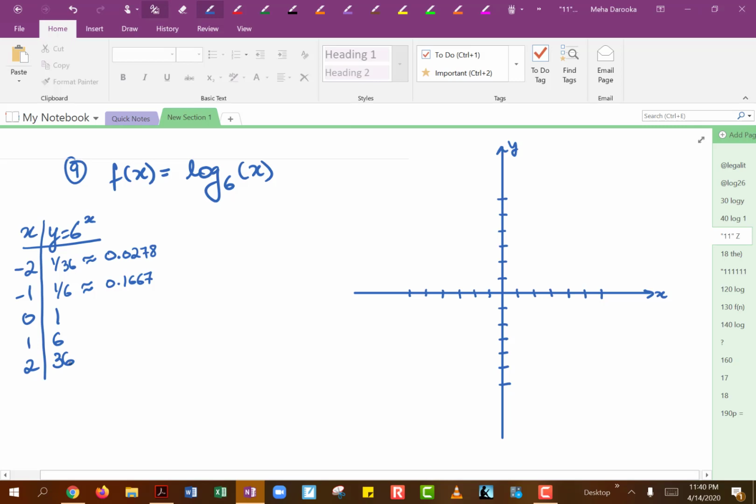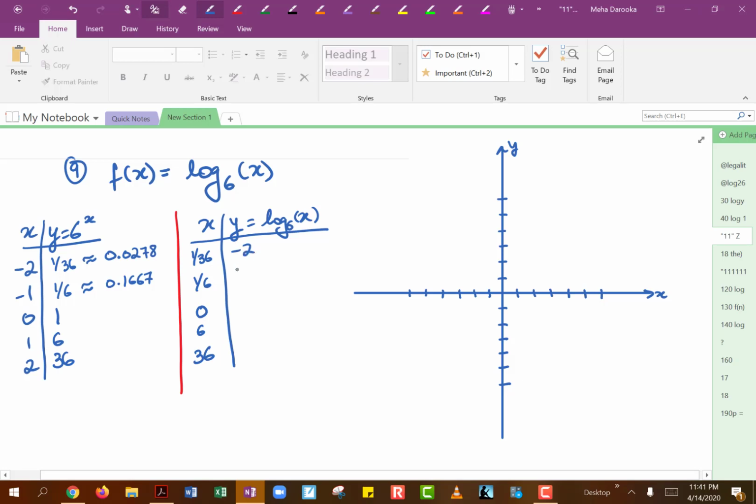And then we can basically switch our x and y values to get the table for our logarithmic function. So now my x values here will become 1 over 36, 1 over 6, 0, 6, and 36. And our y values will become -2, -1, 0, 1, and 2.